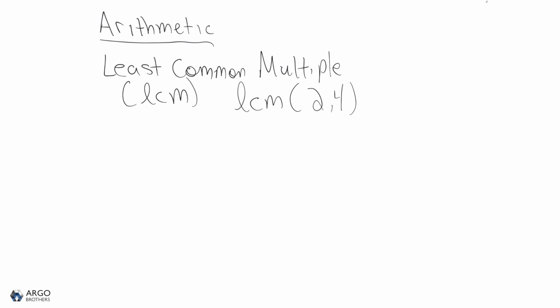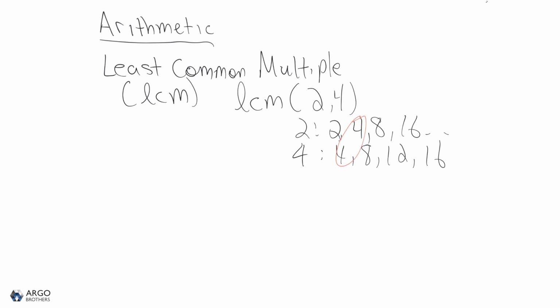So let's see, what are the multiples of 2? The multiples of 2 are 2, 4, 6, 8, and so on. The multiples of 4 are 4, 8, 12, 16, and so on. So what is the least multiple that they have in common? That will be 4, because they both have 4 as a multiple, and 4 is the least one.